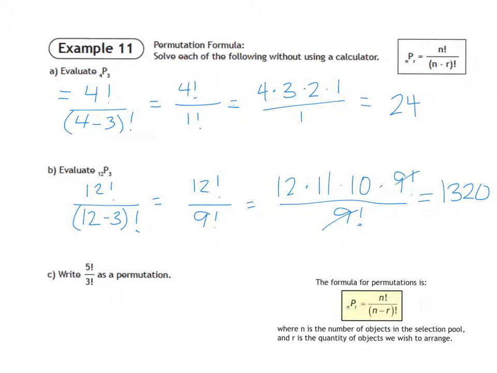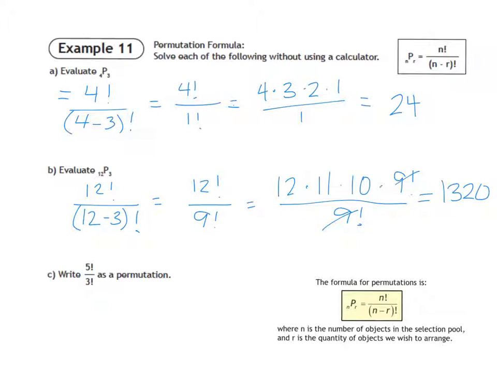The last question here asked you to write 5 factorial over 3 factorial as a permutation. Well, we need to figure out what n and r are, and you can probably figure them out without actually using the formula and solving for r or something.